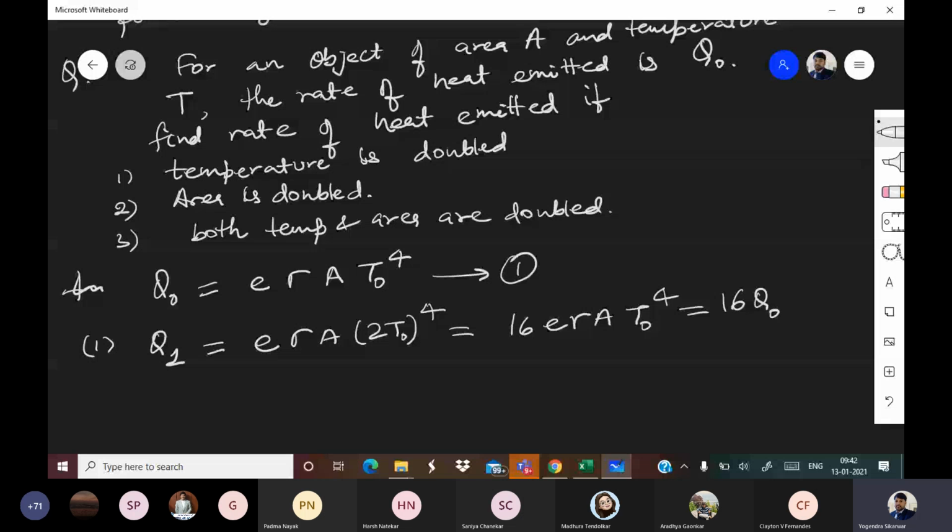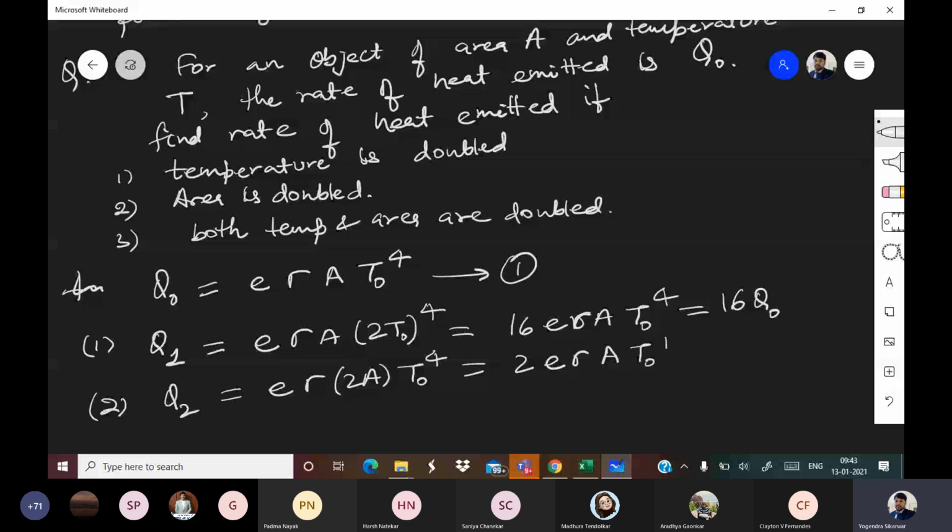In the second case, only area is doubled. Q2 is equal to e sigma 2A T naught to the power 4, and that becomes 2 times e sigma A T naught to the power 4, which is 2 Q naught.